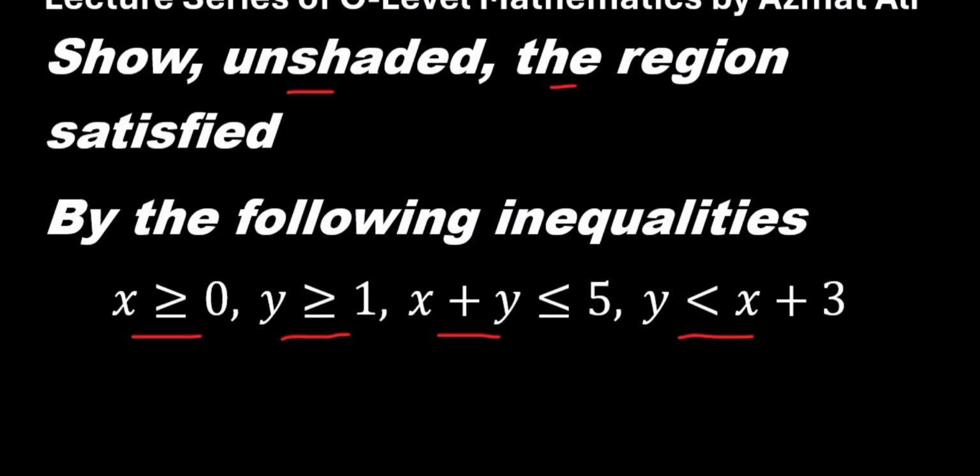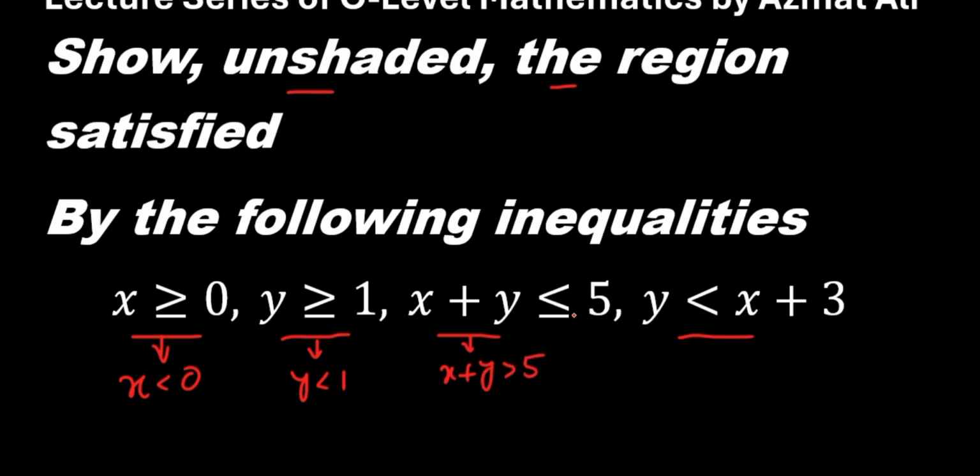When our required region is unshaded, we will use the following strategy. I will firstly find an inequality that is opposite to each. The inequality opposite to x greater than or equal to 0 is x less than 0. Similarly, the inequality opposite to y greater than or equal to 1 is y less than 1. The inequality opposite to x plus y less than or equal to 5 is x plus y greater than 5.